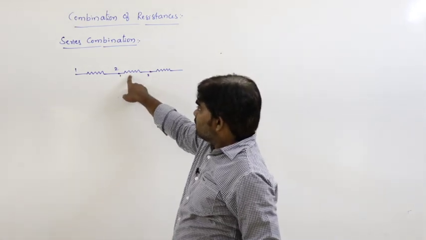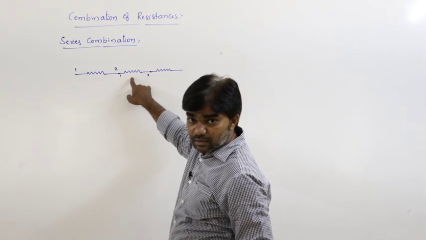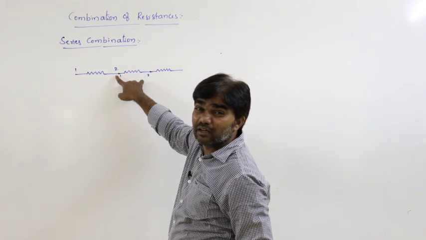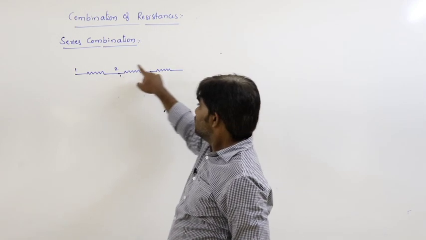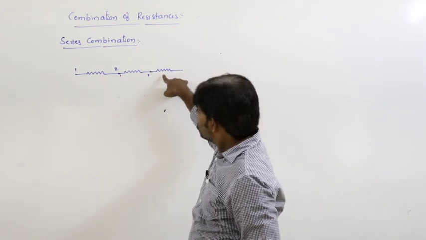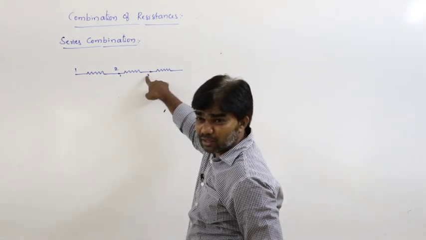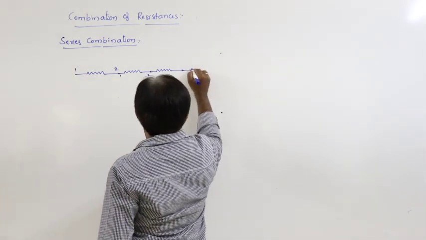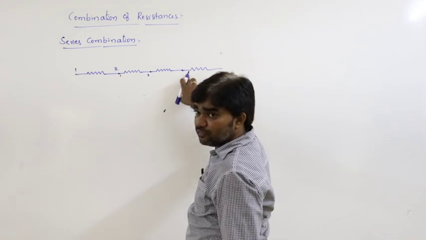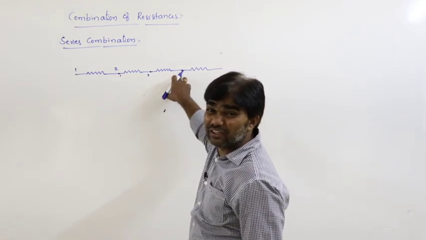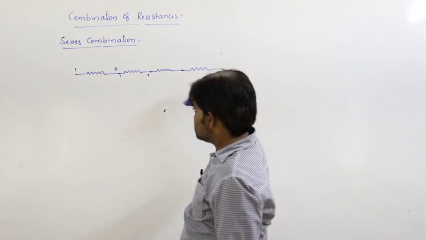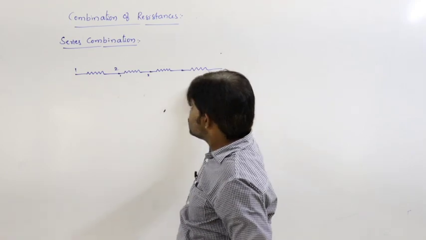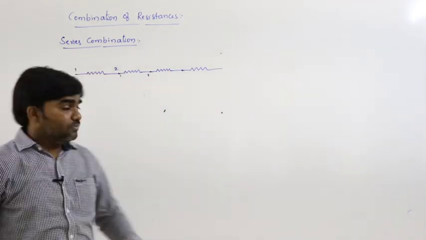The first terminal of the second resistance is connected to the second terminal of the first resistance. If you connect one more, the third one must be connected to the second terminal of the second one. Next, if you want to connect the fourth, the first terminal of the fourth resistor is connected to the second terminal of the third one, like this. So one after one. This connection is called series connection.